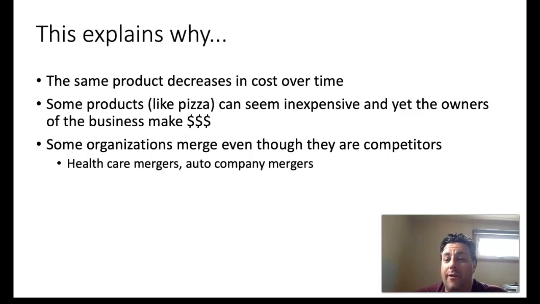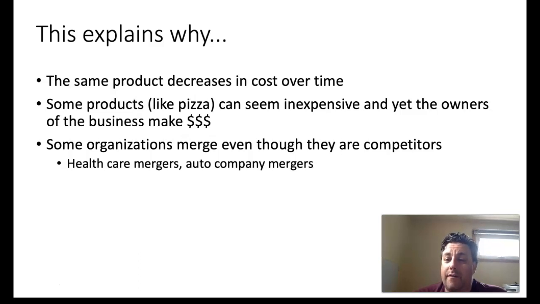Economies of scale also explain why there are lots of products that can seem really inexpensive. Take pizza, for example. You can get a pizza for maybe as cheap as $7 or $8 if you have a coupon or something like that. And of course you can pay $15 or $20 or $25 or $30 for a pizza. But that's why products like that can seem fairly inexpensive, and yet the owners of the business continue to make money.